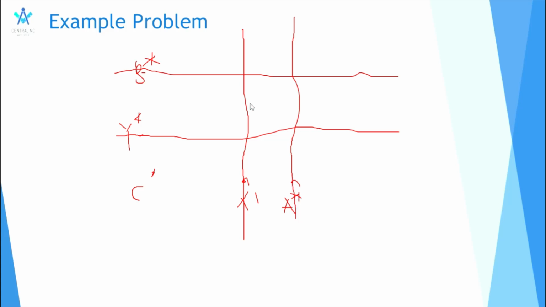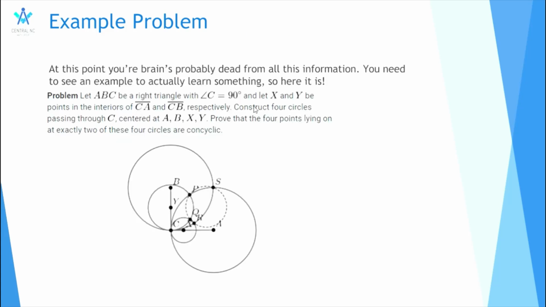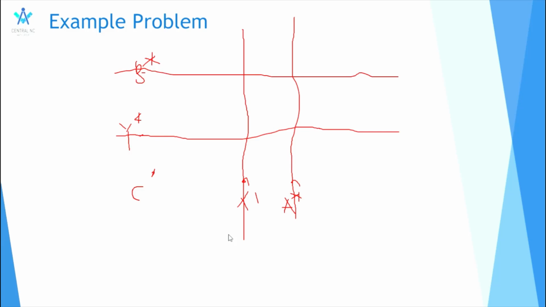See this rectangle here. And P is going to be the intersection of the circle centered at Y and the circle centered at A. So P prime is going to be the intersection of Y prime's inverse and A prime's inverse, which is going to be right here. That's P prime.